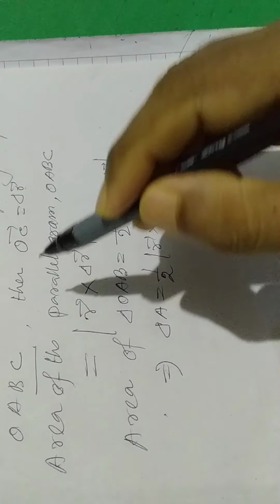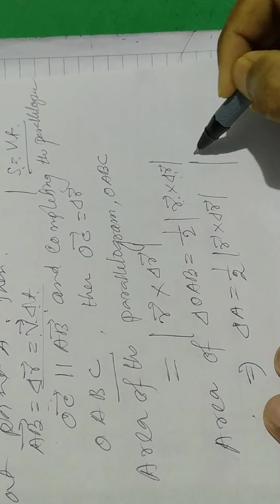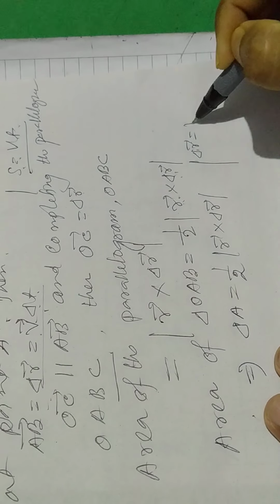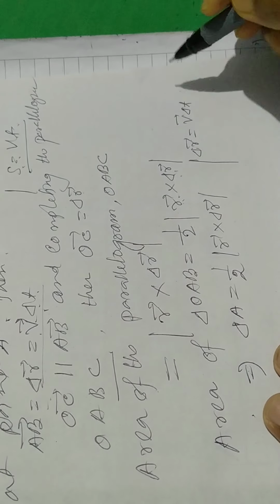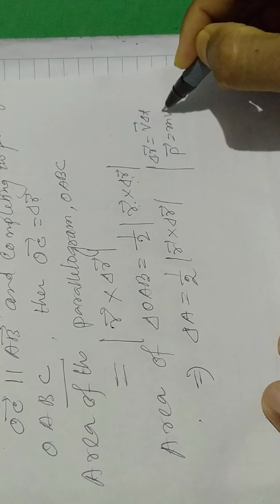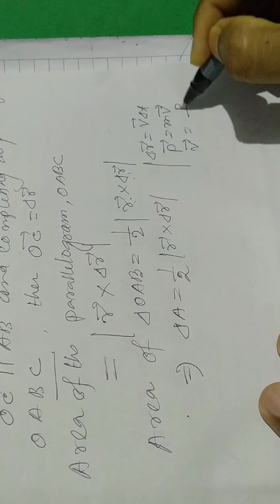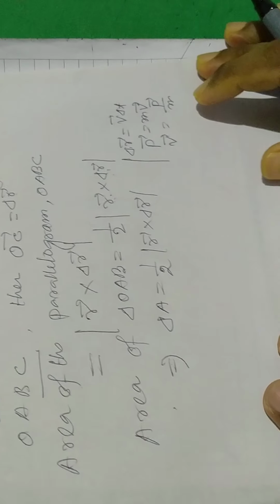Now del R equal to what? Del R equal to V del t. So del R displacement is V del t, and momentum is the product of mass and velocity, so velocity equal to momentum by mass.